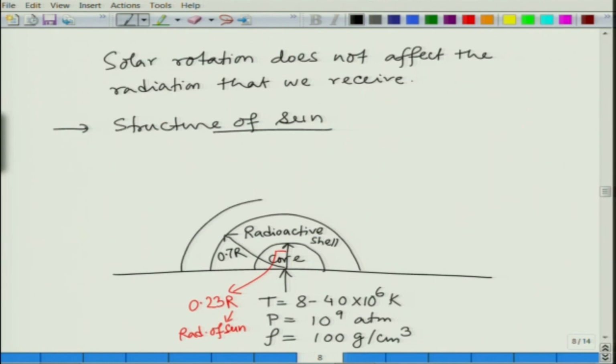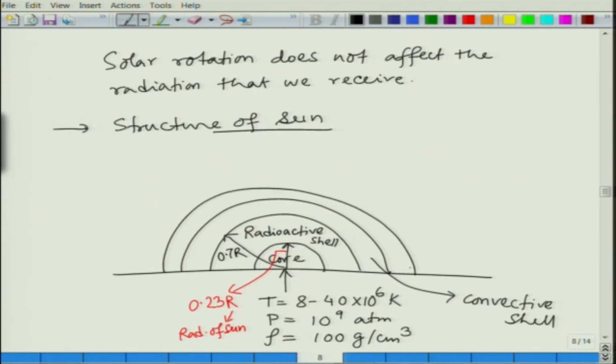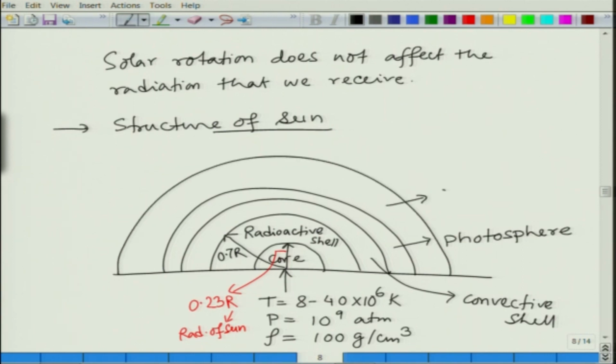Then we have a convective shell, okay. And then we have photosphere, then we have chromosphere.